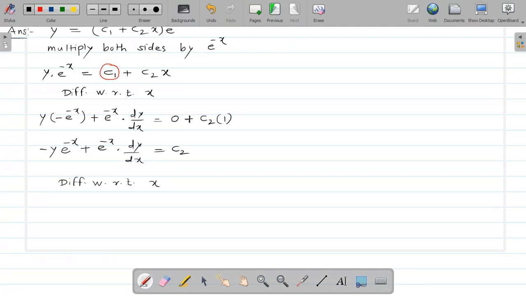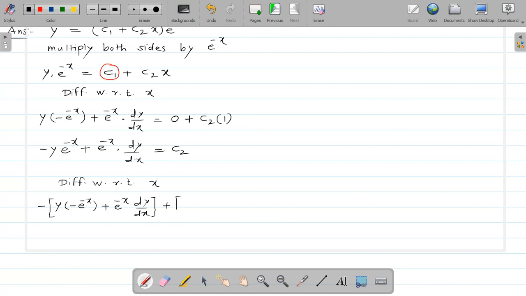Now here it is minus y e raised to minus x. Minus, keep as it is, and apply the rule for y into e raised to minus x. So keep y as it is, and derivative of e raised to minus x is minus e raised to minus x, plus e raised to minus x as it is into derivative of y, which is dy by dx, by using the u into v rule. So it is completed.